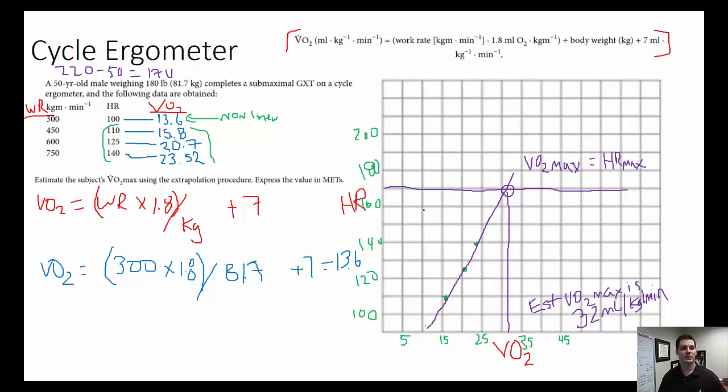So the last thing that we need to do is express this value in METs. What we need to remember though is that 1 MET equals 3.5 mils per kg per minute.